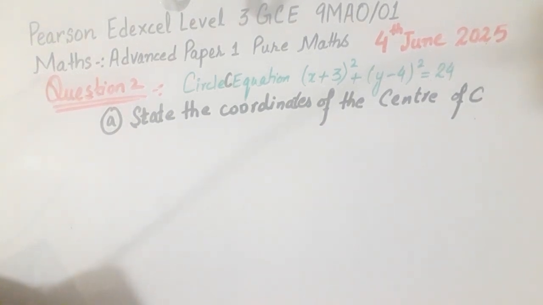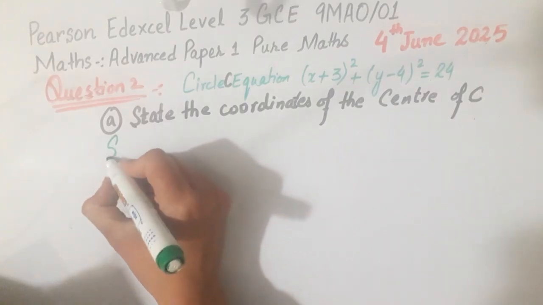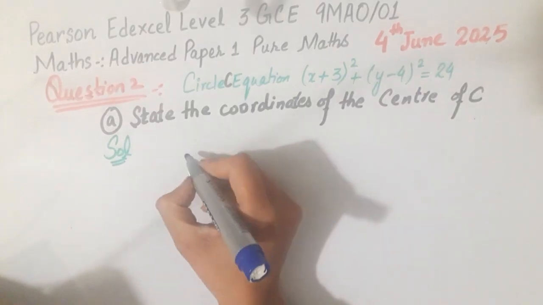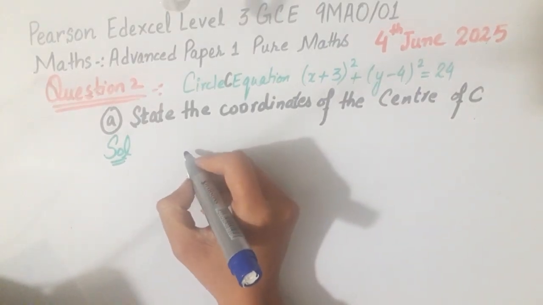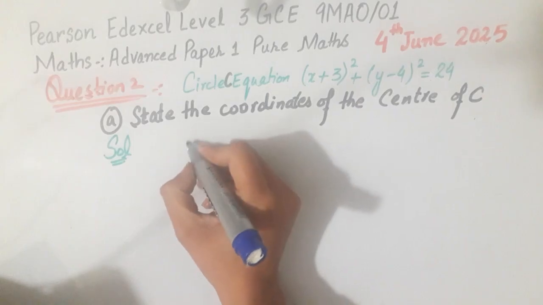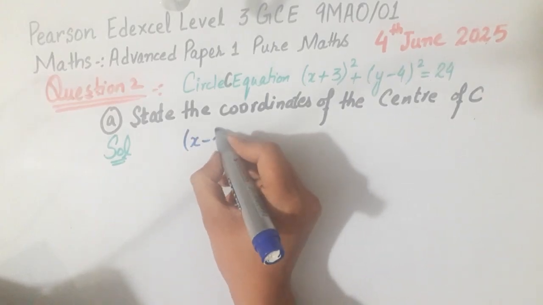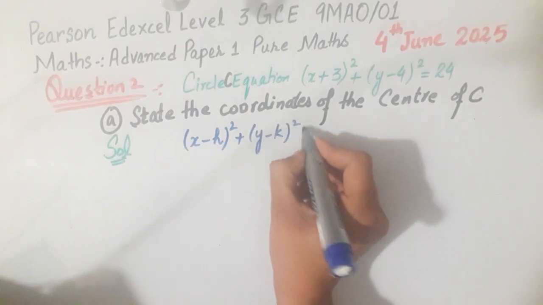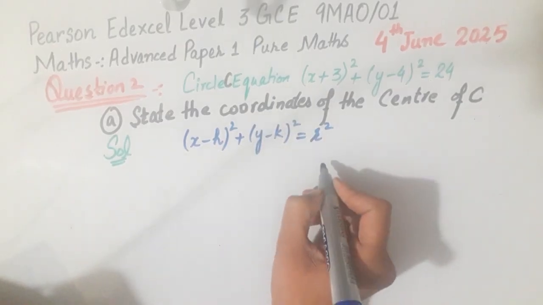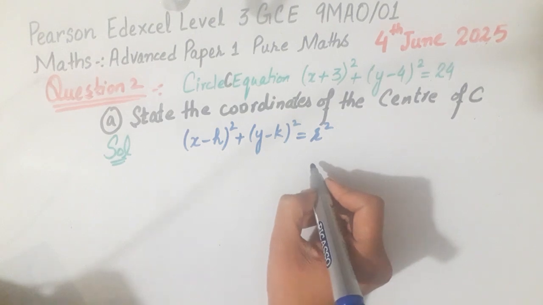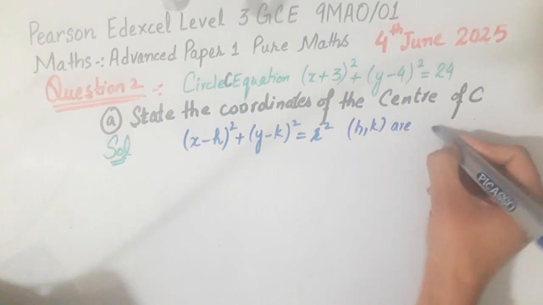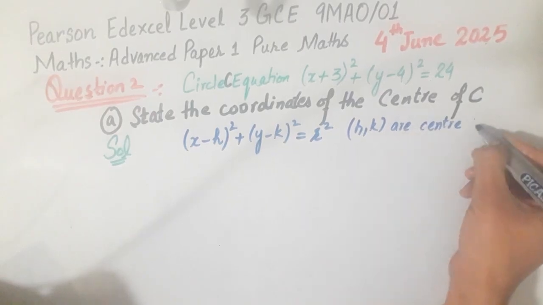So how will we find it? First of all, we will write the general equation. The standard equation of a circle is x minus h squared plus y minus k squared equals r squared, where h and k are the center of the circle.